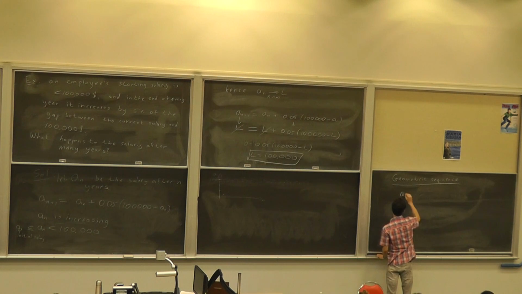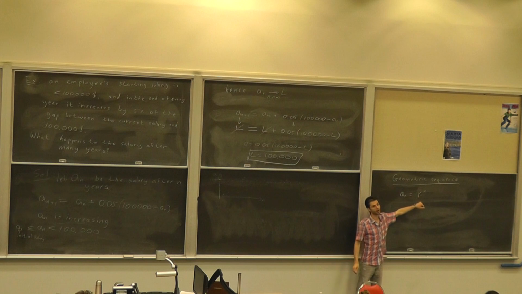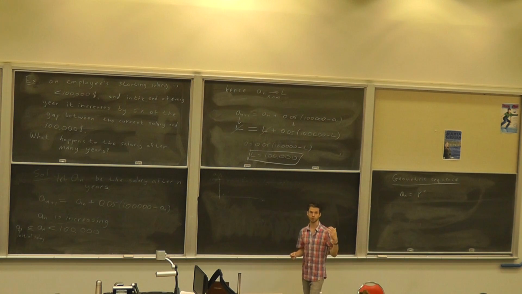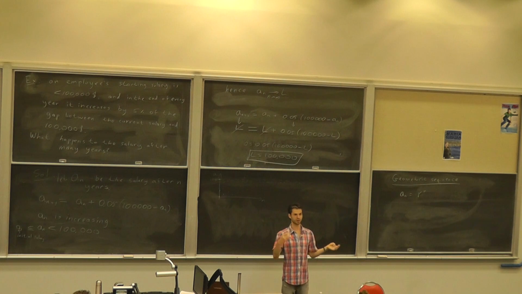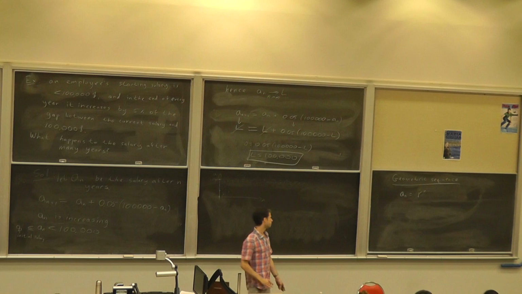This is just the sequence of powers of the same number. You take some number r, and you consider the sequence of r to the power n. So it goes like this: r, r squared, r cubed, r to the fourth, and so on.